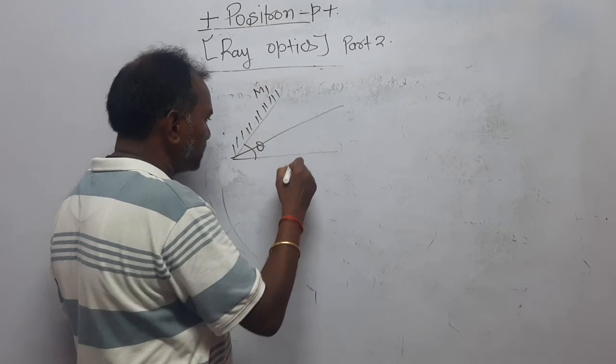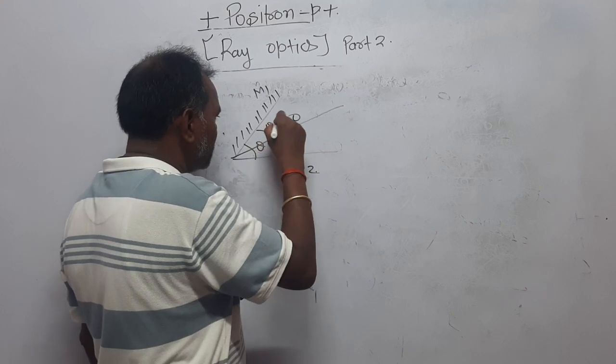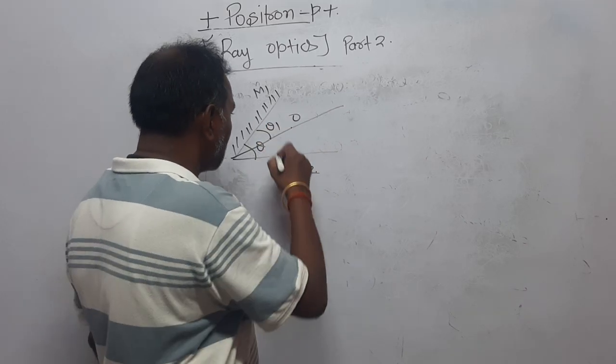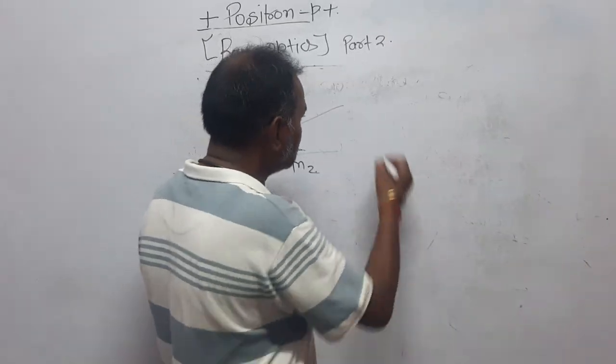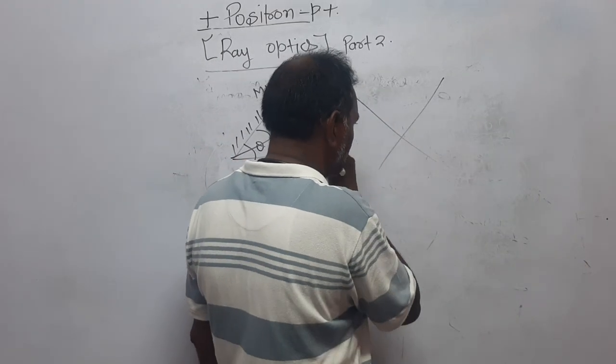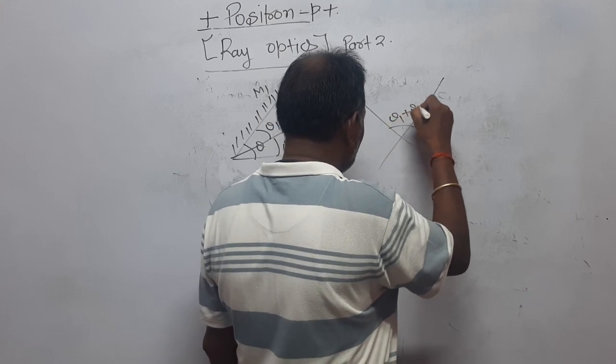This is plane mirror M1 and this is M2, and here is the object, which makes theta 1 angle from mirror M1 and theta 2 angle from mirror M2. Dear student, the angle between the mirrors is theta 1 plus theta 2, right?